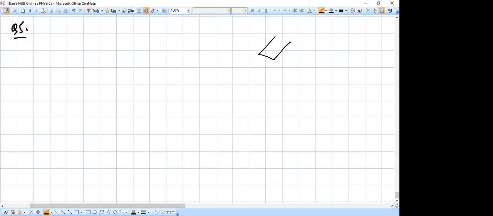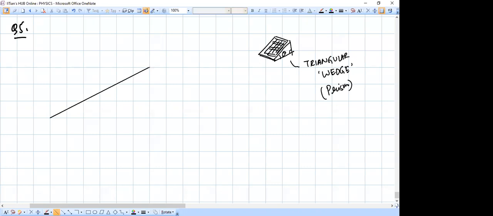It's shaped like a triangular prism. In a 2-dimensional diagram, we just show it from the side. So you just see its side profile like this.